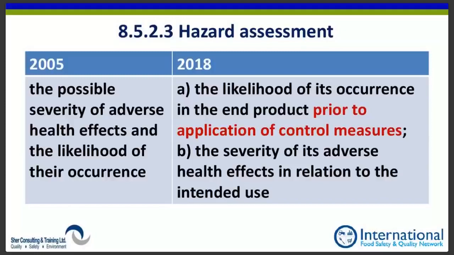Prior to application of control measures, the people hadn't been washing their hands. People hadn't been taking care of their hygiene. Then what would be the likelihood? Oh, that's a different story. Likelihood now higher. When we stick to this, we'll be receiving more significant food safety hazards, specifically much more OPRPs.